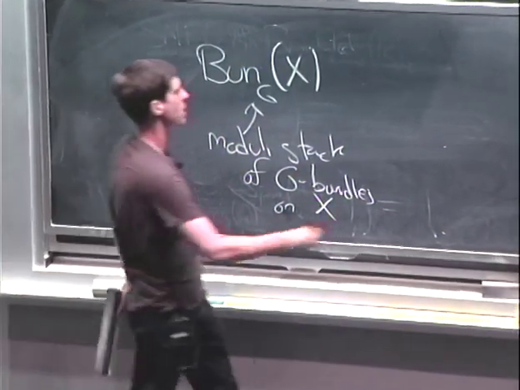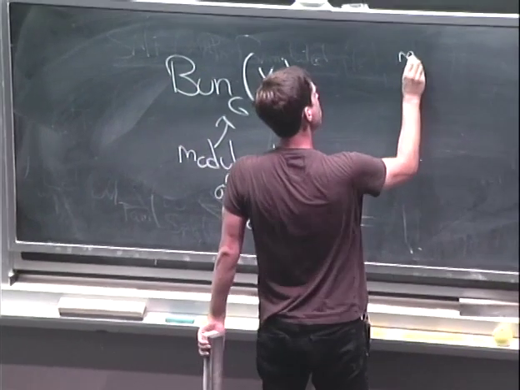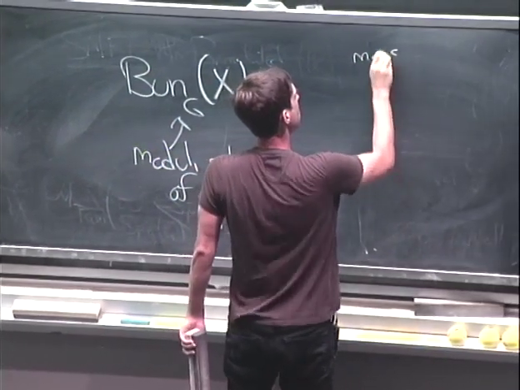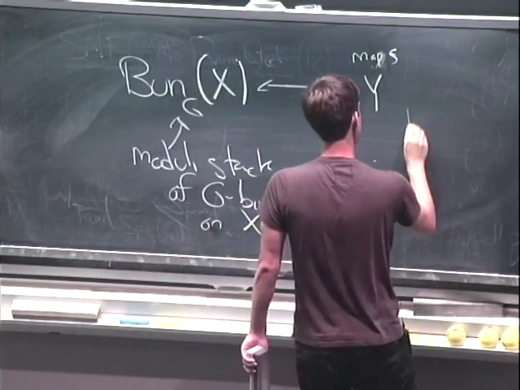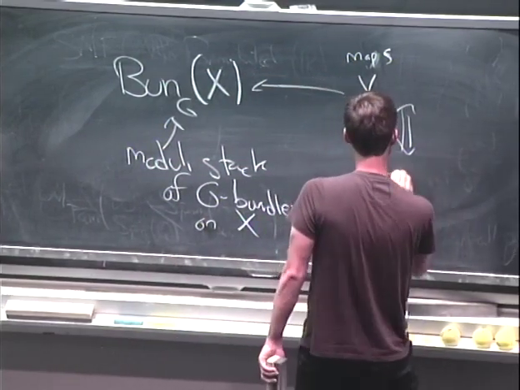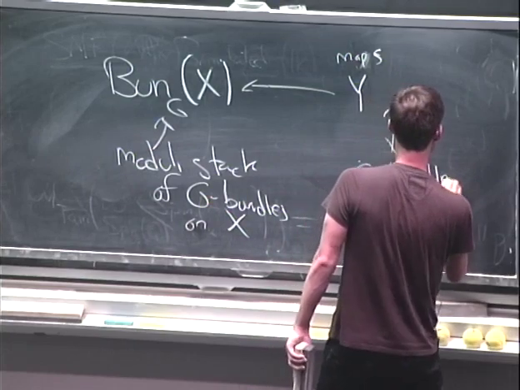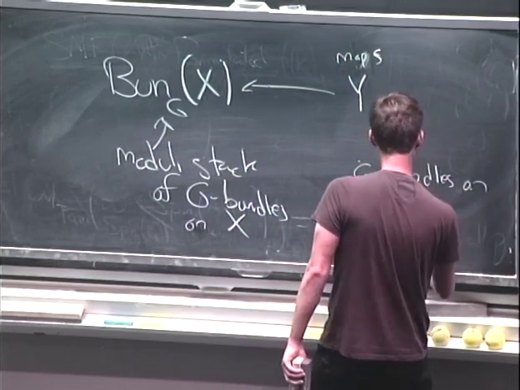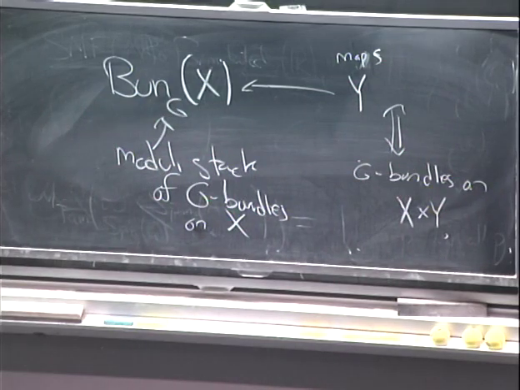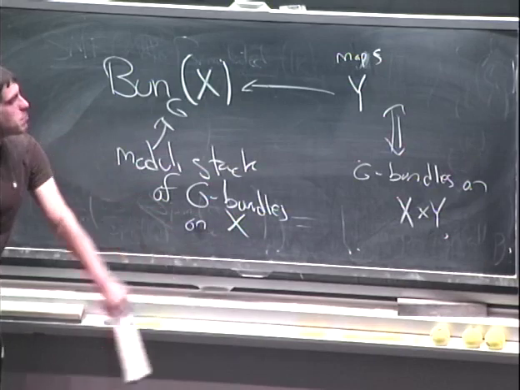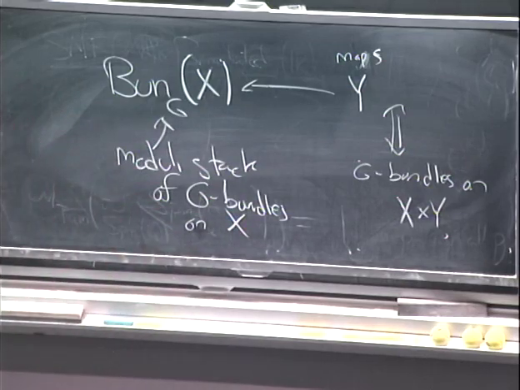It's characterized by the following: giving a map from an algebraic variety Y into this thing can be identified with G bundles on the product X × Y. So in particular, if I want to study G bundles on X itself, then I want to study maps from a point into Bun_G(X), where a point means Spec F_q.